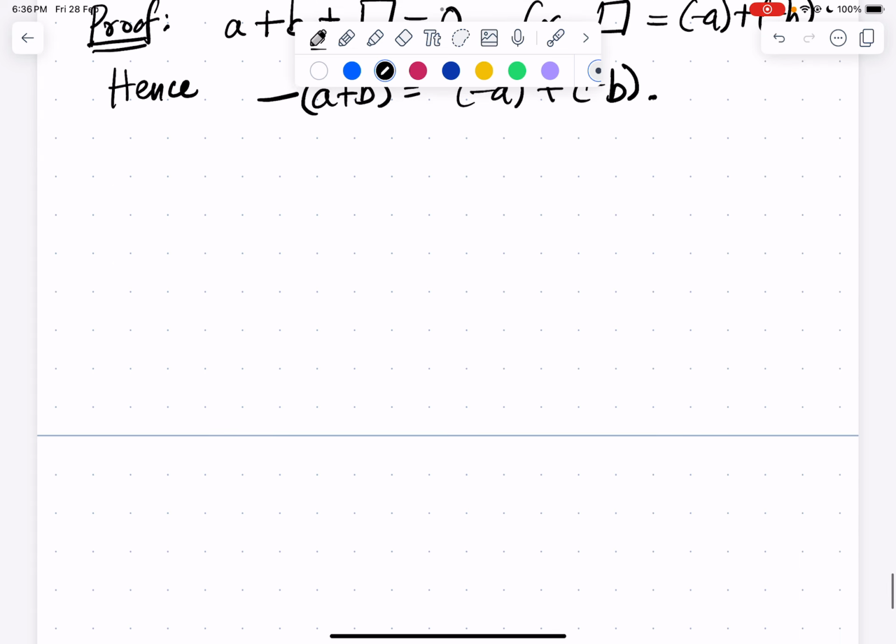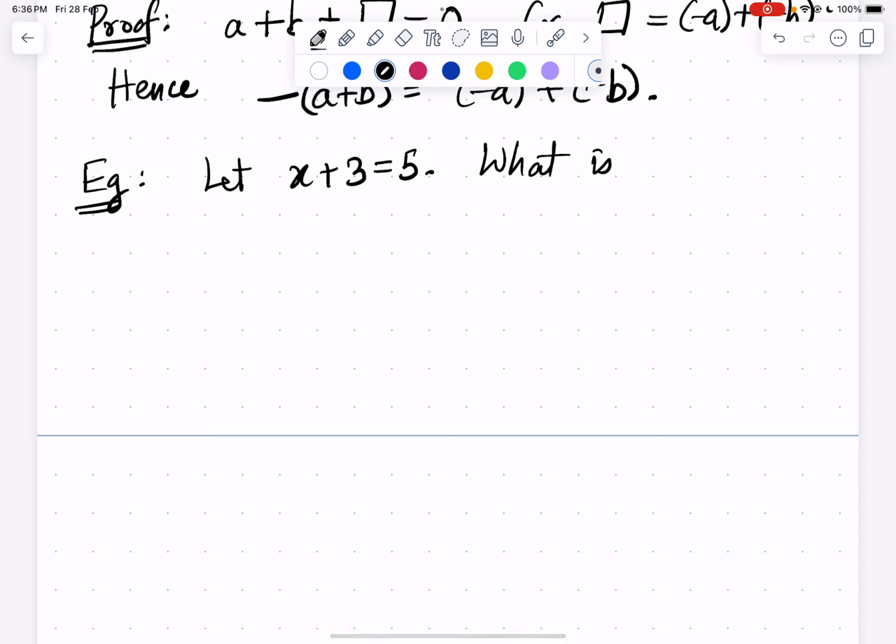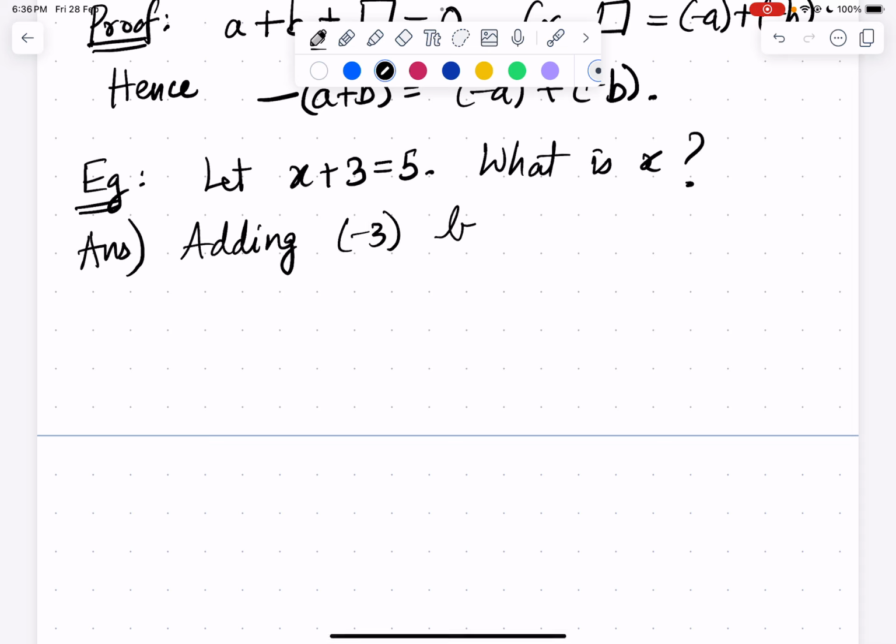Let's consider one example. Let x plus 3 equals 5. What is x? Adding minus 3 both sides, x plus 3 plus minus 3 equals 5 plus minus 3.